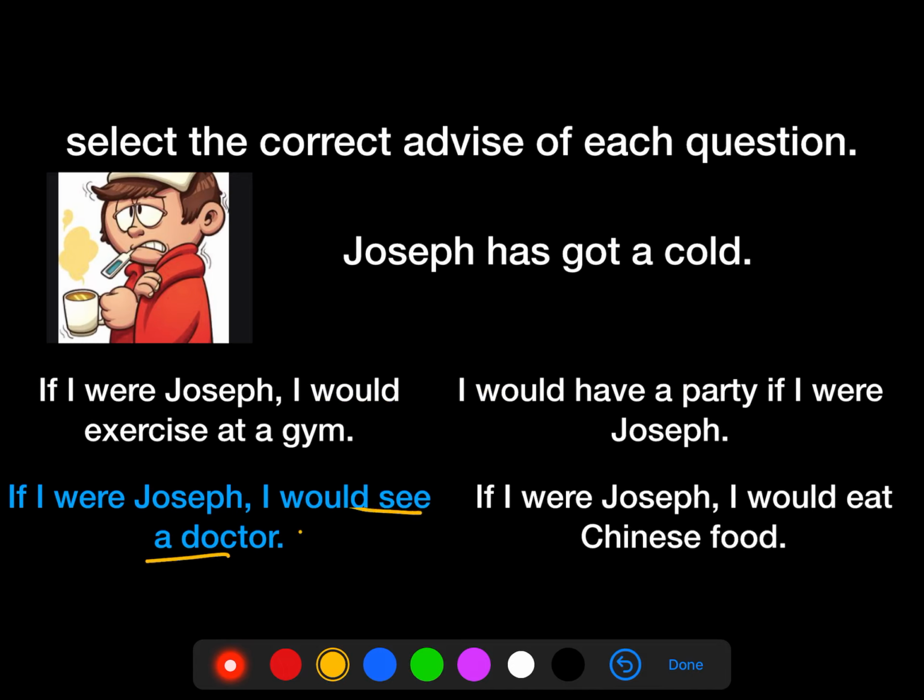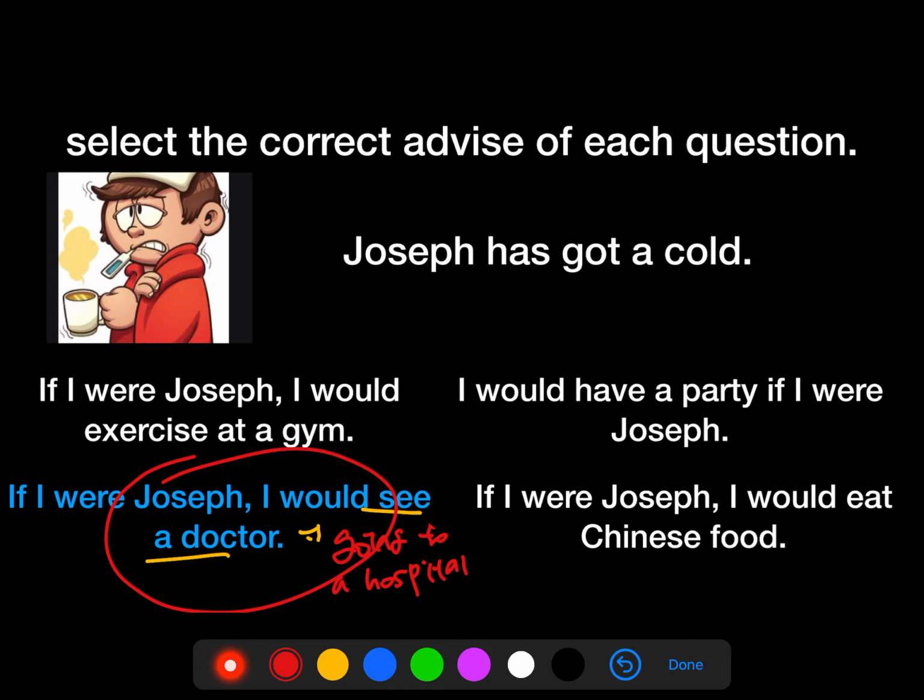See a doctor means going to the hospital. So if you are sick or ill, you need to go to the hospital and see your GP. And exercise and party and Chinese food are not relevant at this moment for Joseph. This is the correct advice. Very good. Let's move on to the next one.